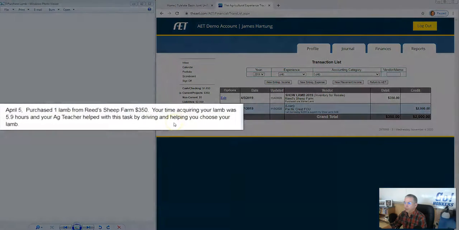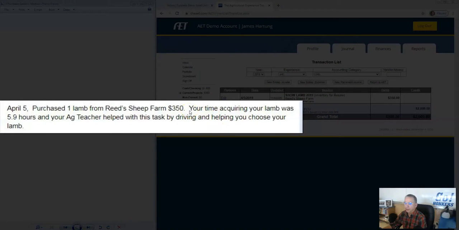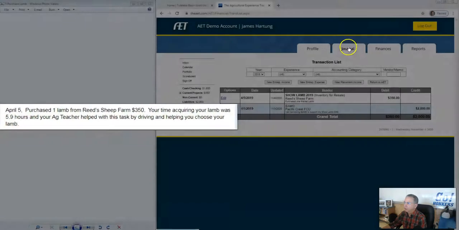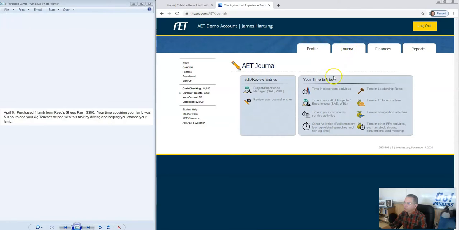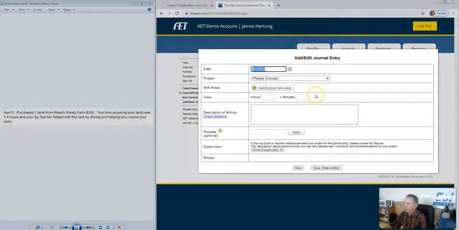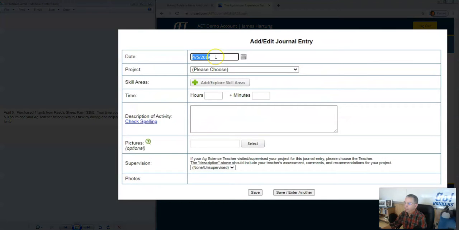Then we need to go and take a look at the time invested for this particular transaction, 5.9 hours. So for that we need to go to the journal. Time in your AET project. Same date.